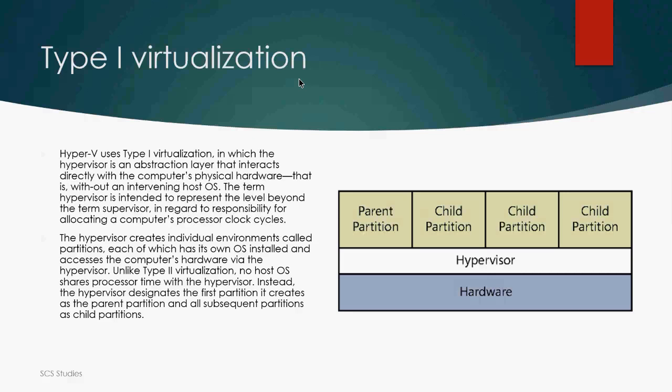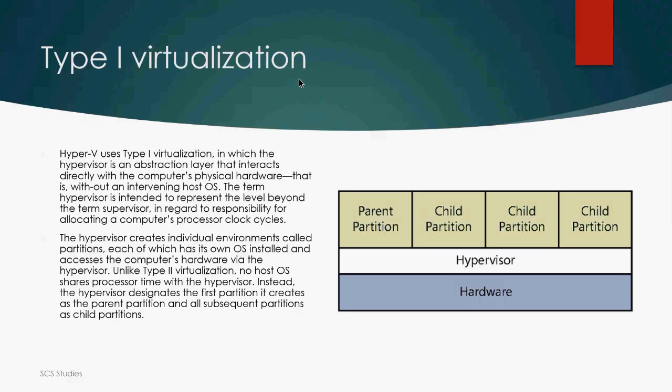But when we discuss type 1 virtualization, what is type 1 virtualization? This is specifically a feature of Windows when you enable the Hyper-V role on a server. That means on a physical server you have installed Windows Server 2012 and you have enabled the Hyper-V role. Once you enable the Hyper-V role, the virtualization will convert to type 1 virtualization. Why?